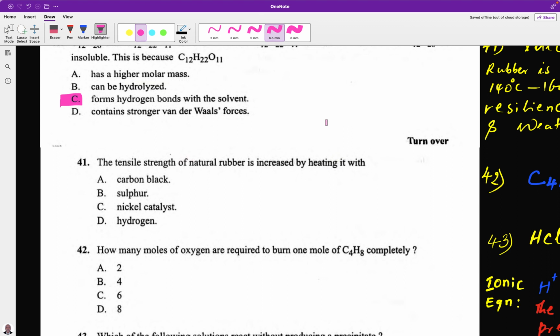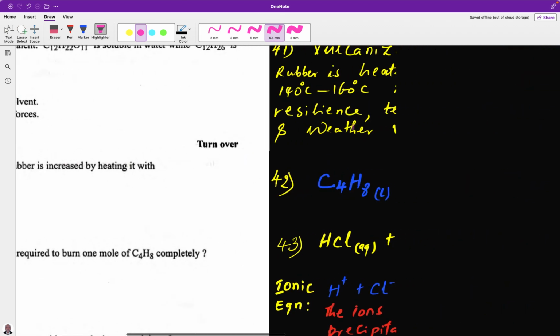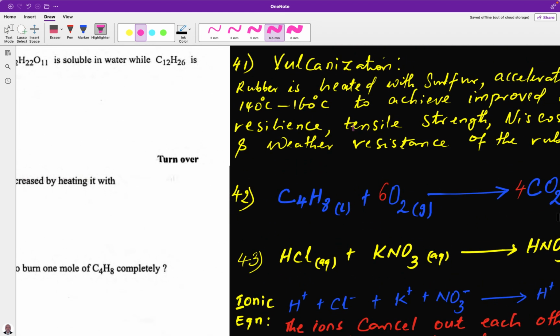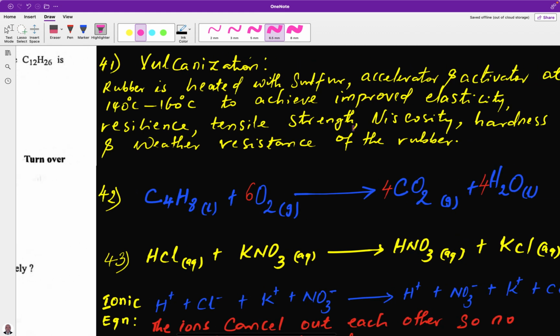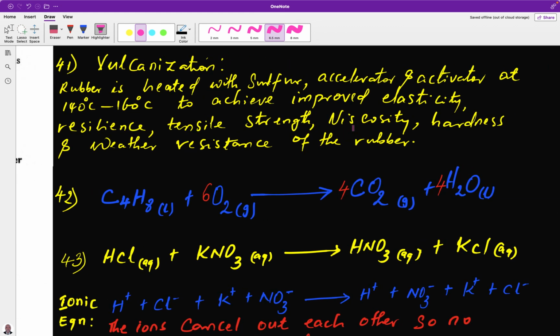There are certain elements that give the rubber strength. That is why this process is called vulcanization. Rubber is heated with sulfur, after producing it from the initial source, from our farms.